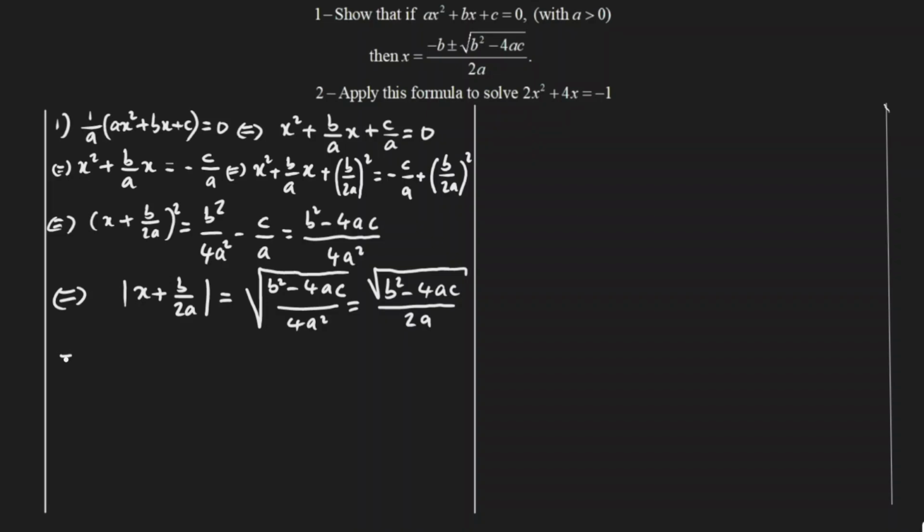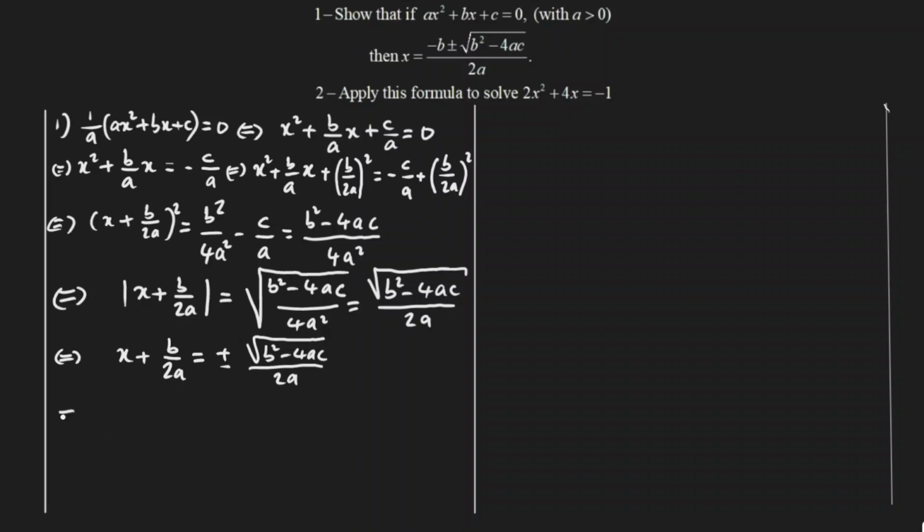Now, this equation is equivalent to x plus b divided by 2a equal to, since it's an absolute value, it can be a negative or positive value, plus or minus the square root of b squared minus 4ac, divided by 2a.